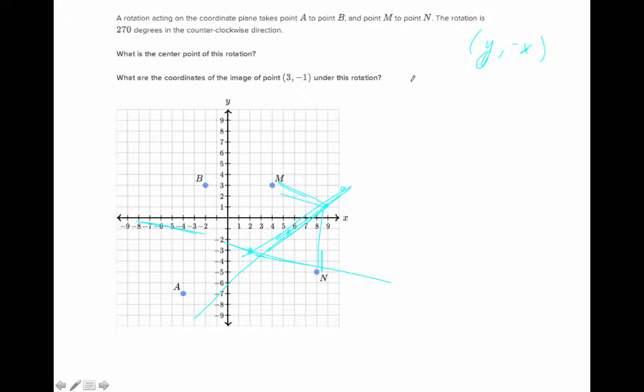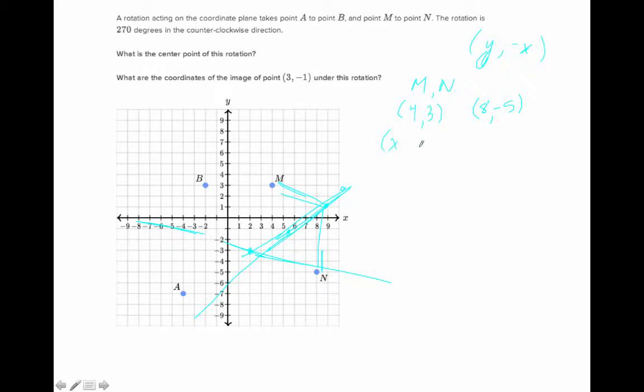Essentially, let's look at M and N. M is (4, 3) and N is (8, -5). We're looking at things so that this distance and this distance are the same. All the x and y's that satisfy that make up the line we're trying to identify.